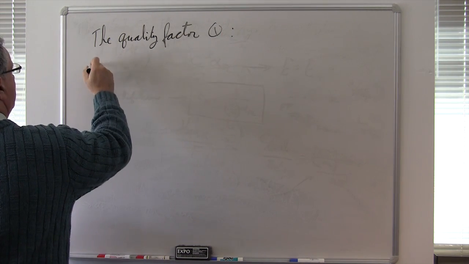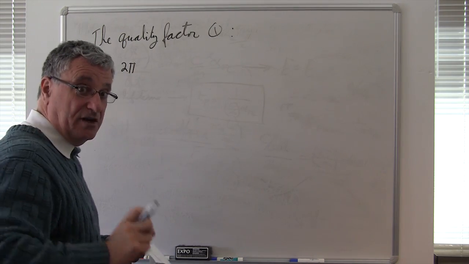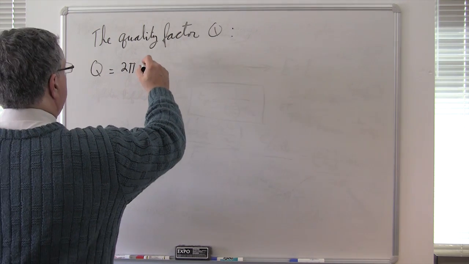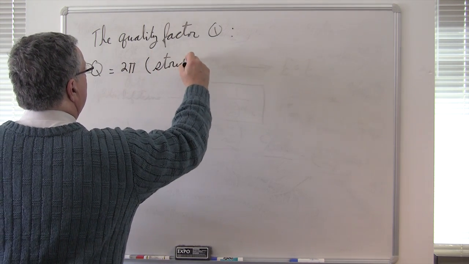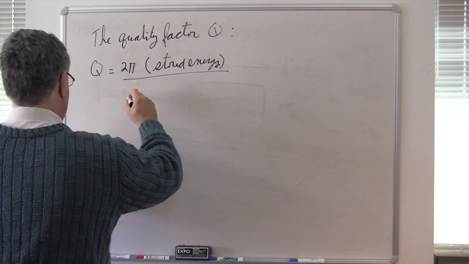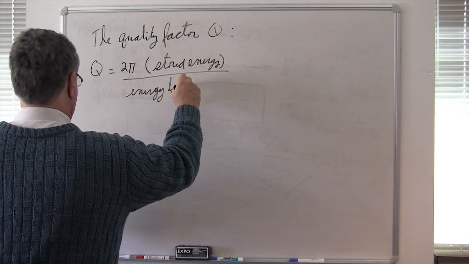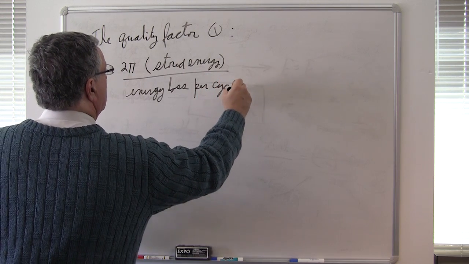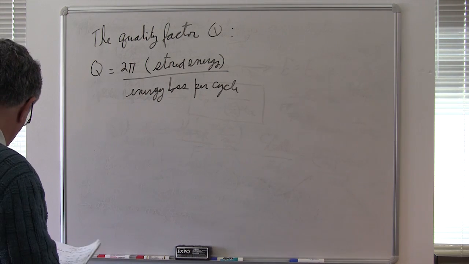So Q, as we have seen before, and as you have seen in your electrical circuit class, is just given by 2 pi times the stored energy divided by energy loss per cycle. Okay, so that's the Q of the cavity. That's the way Q is defined.